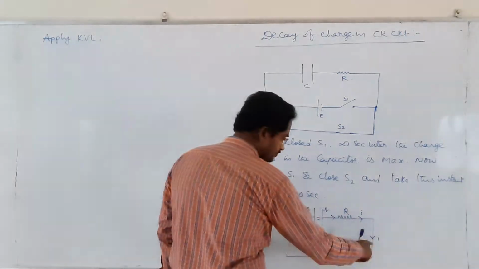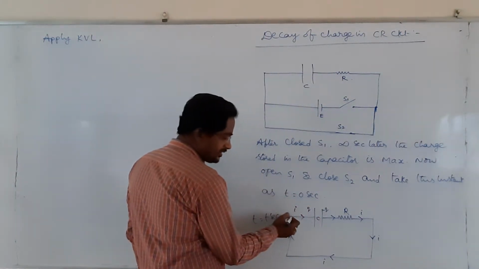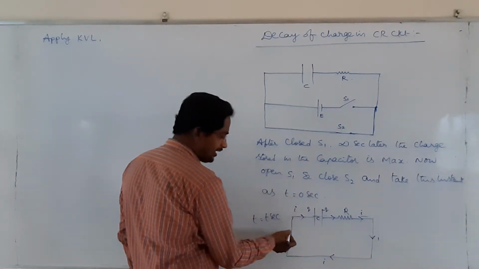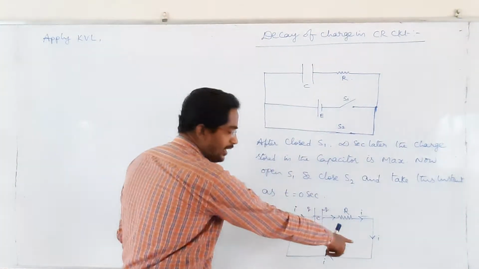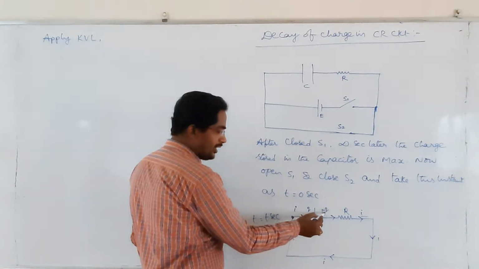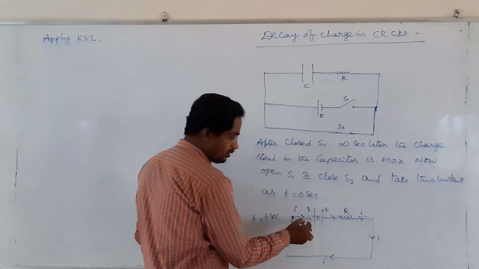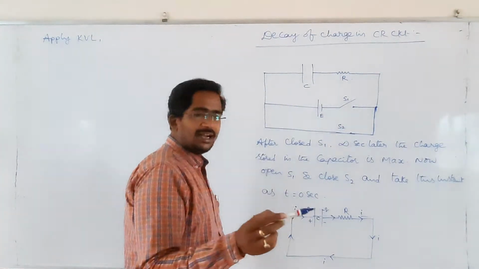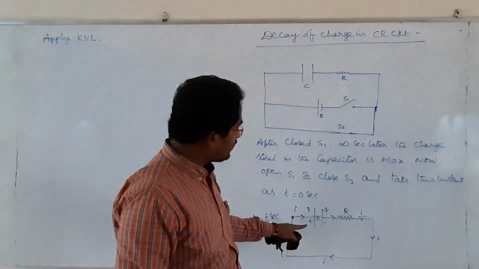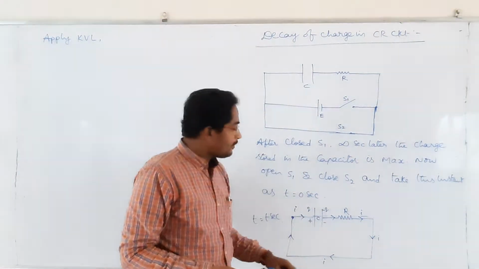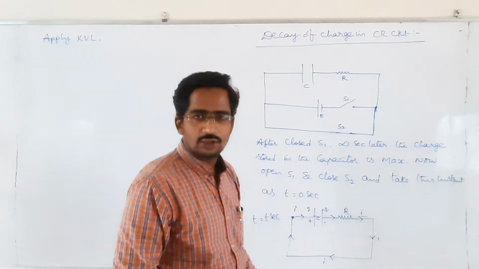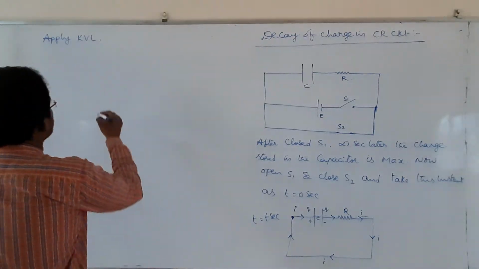In this loop, I start from this point and move like this, reach here, and again come to here, and finally reach this point. That is the path I selected. I am moving from positive plate to negative plate here. Is the potential difference positive or negative? Negative, we are moving from high to low. So the potential difference here is Q by C.